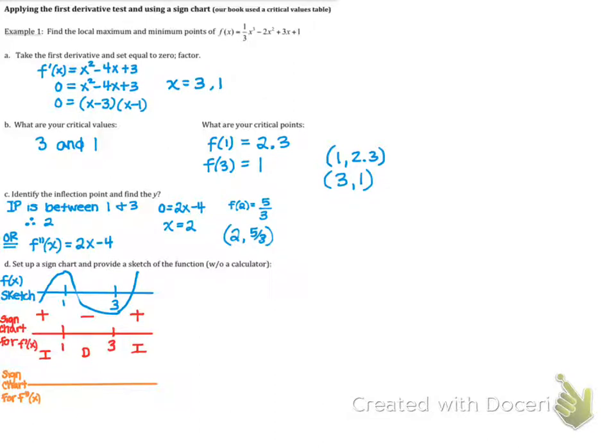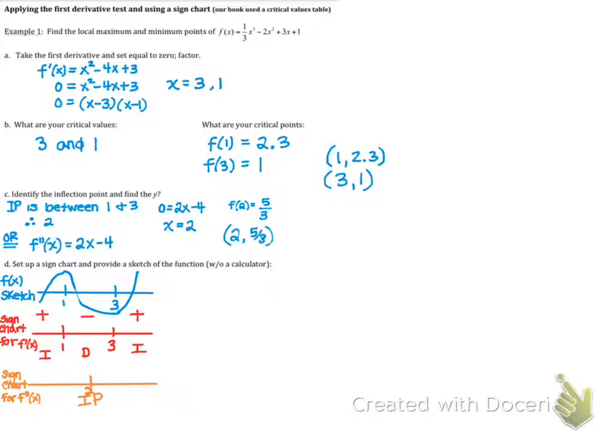So then we can do concavity. You could have done that first as well, and just confirm the concavity, or use it when you're graphing in that first one, that sketch of f of x. So the thing here, though, is that concavity changes at the inflection point. So this is where we're going to use a different value. We're going to use 2, because that is the x value of our inflection point.